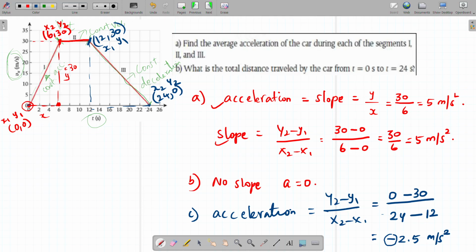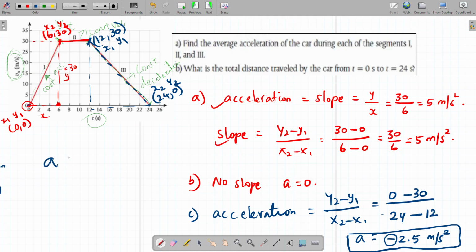This minus represents that the speed or the velocity decreases. So here you can see in the third segment the velocity is decreasing. We get a negative answer.